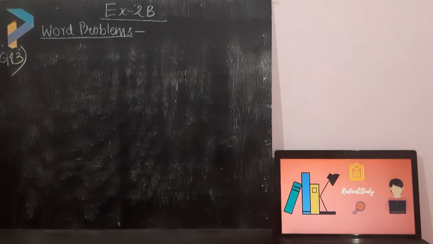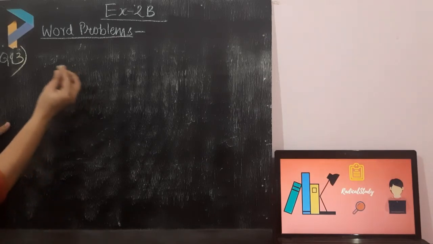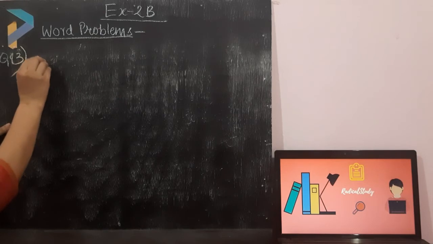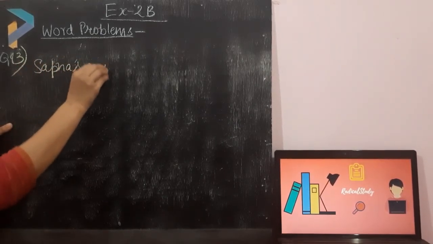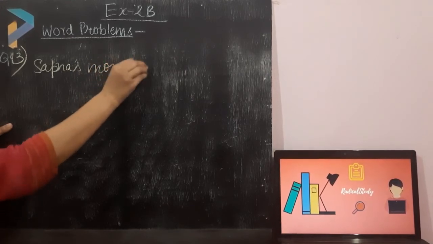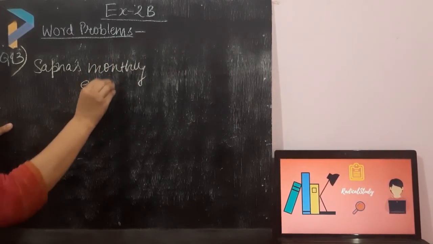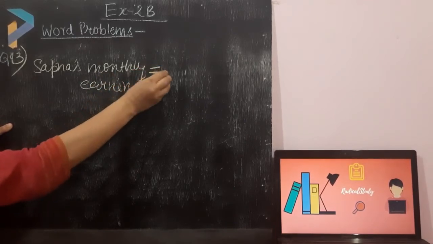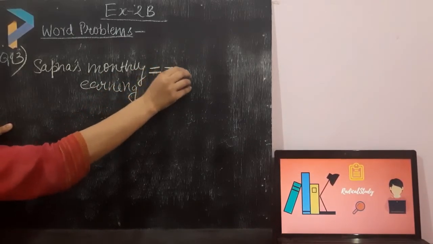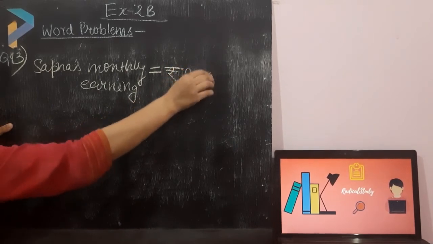So what is the amount which Sapna is earning every month? So first statement will be Sapna's monthly earning, or you can also say monthly salary of Sapna, because salary is monthly only. So she earns rupees 24,000 per month.